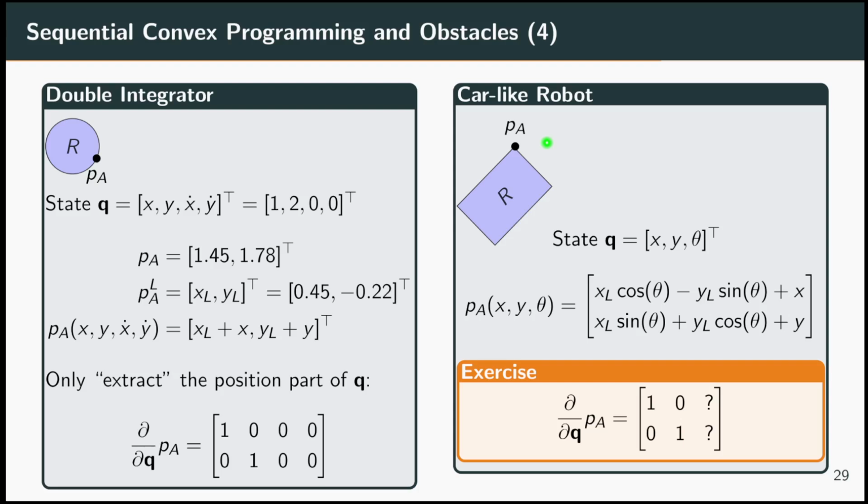Which means that partial derivative will still have some components based on the translation, but there will also be some components based on the rotation. And now I don't remember if you actually do it in the next exercise or if it's just for fun, but that's something we can just try either on paper or with SymPy.